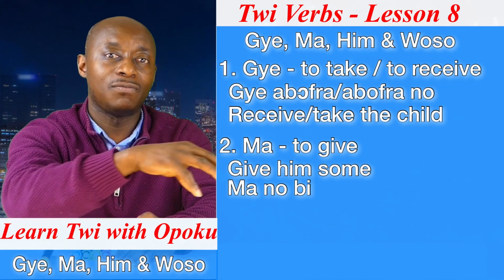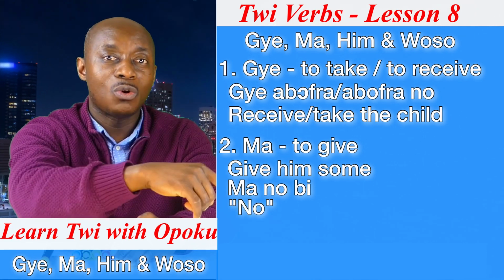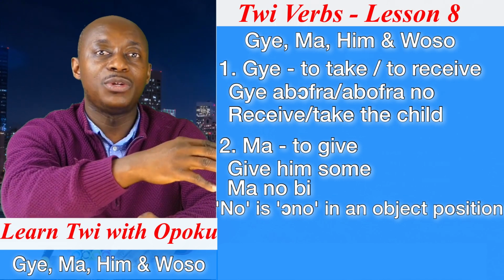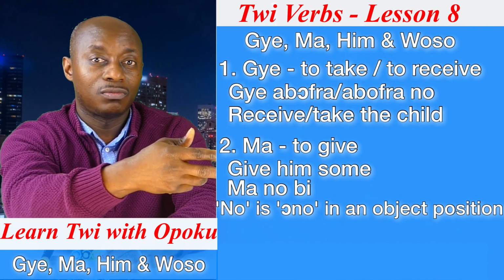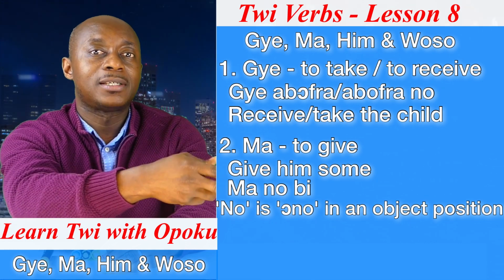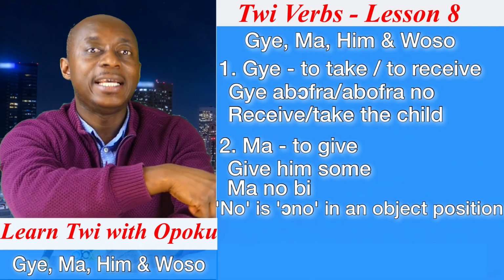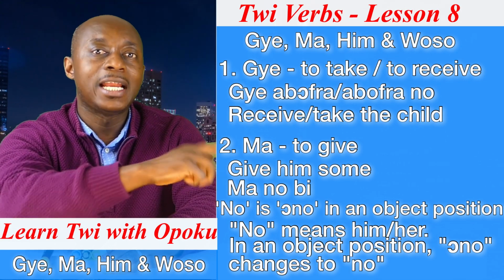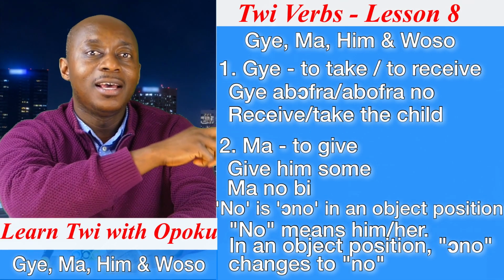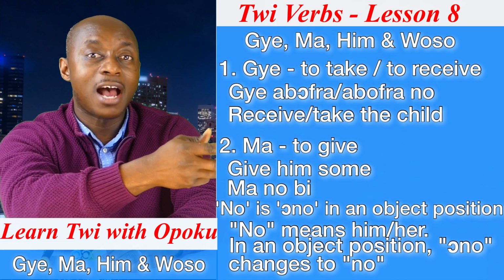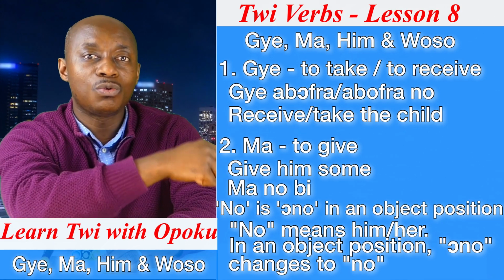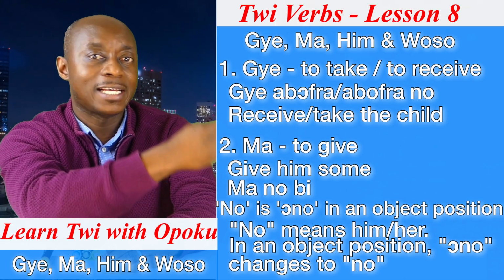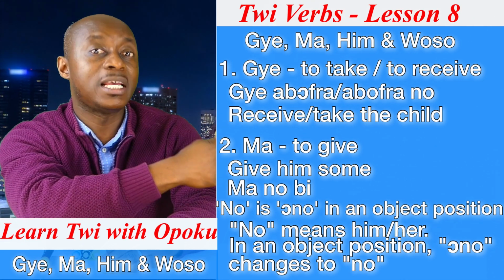Ma, that is give. No, as I've explained in other videos, is a pronoun that which is what? Ono. Ono, which is he or she in an object position. In an object position, he or she, as we have in English, becomes what? Him or her. Yes, in Twi too, in the subject position, we say ono.